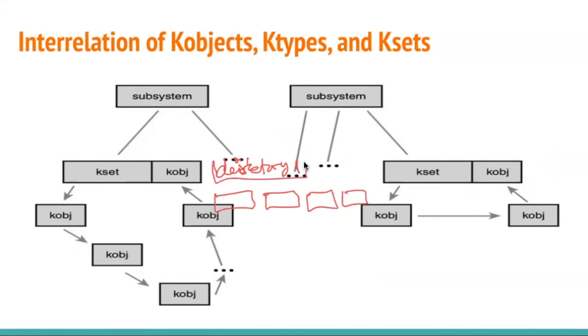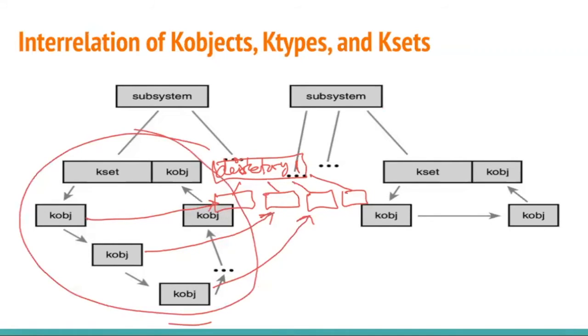So this is a top level directory, and inside this we have multiple directories. All these k objects will be related to one directory in sysfs when we create a sysfs based on this behavior of kset and k objects. So this represents this directory structure.